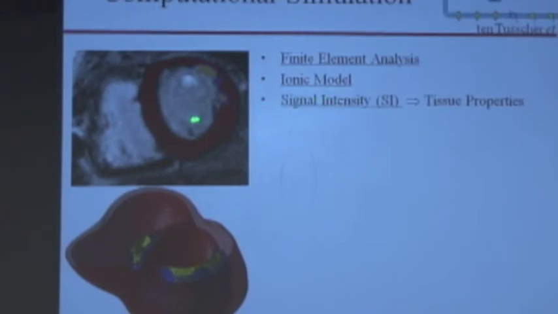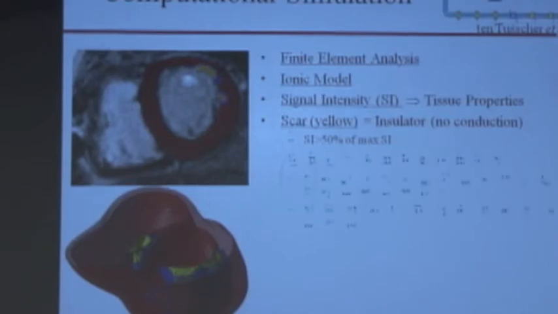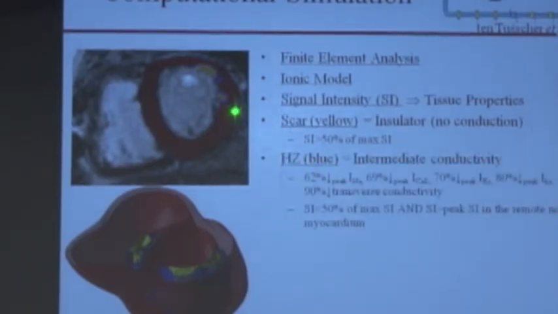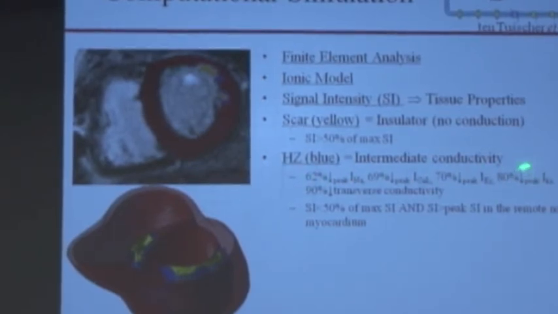The signal intensity tells you what the tissue properties are, at least for modeling purposes. The scar is yellow, an insulator with no conduction at all. In this case, the signal intensity was greater than 50% of the maximum signal intensity. The heterogeneous zone in blue we assigned intermediate conductivity, and these are the numbers they used.